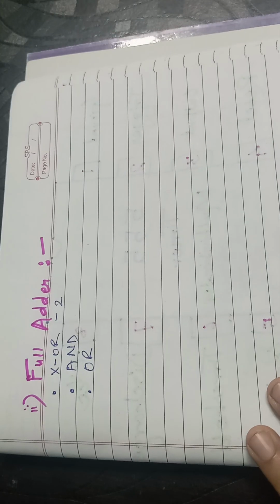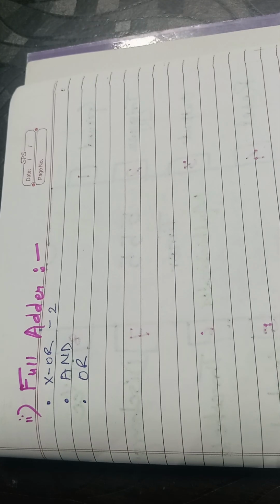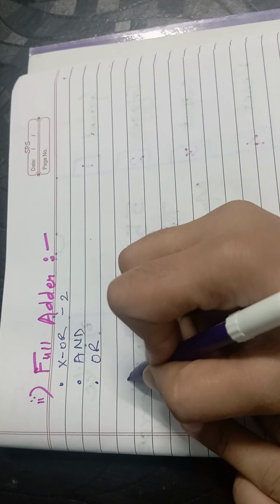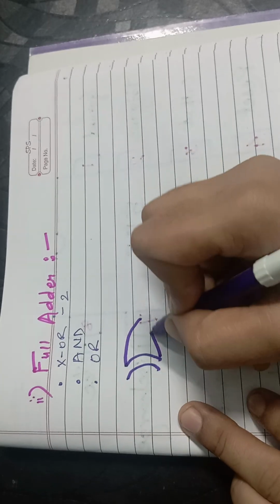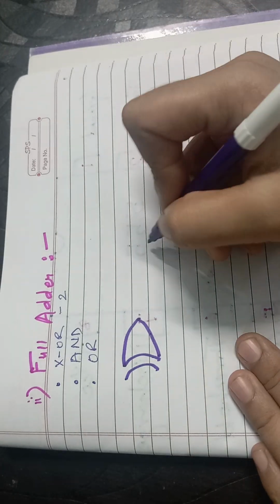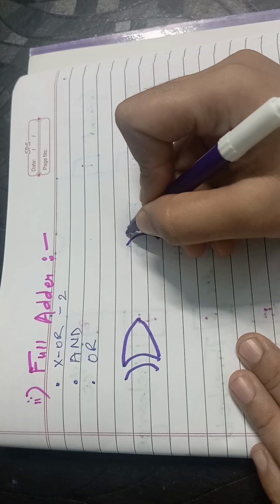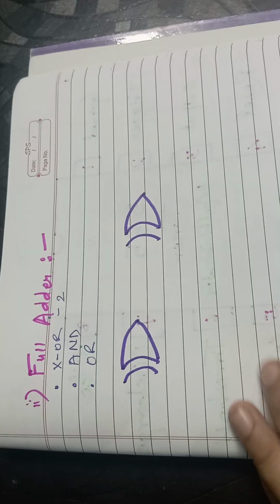So let us try to make the circuit of the full adder. For making the full adder, the first thing we need is one XOR, and again we'll be needing another XOR. 2 XOR are given.